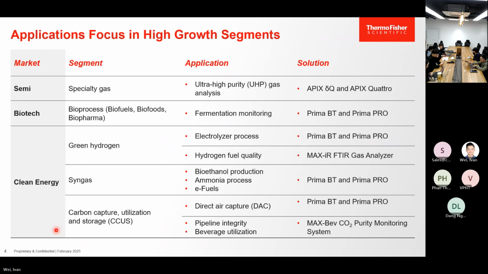Vietnam. Another one is called carbon capture, utilization and storage, CCUS. Since a lot of people are talking about net zero, we're trying to reduce our carbon footprint. So there are a lot of applications and markets where we're trying to capture CO2 in the atmosphere or in the process gas.